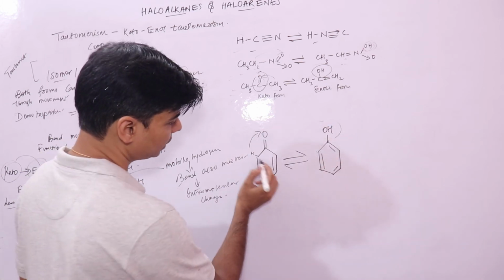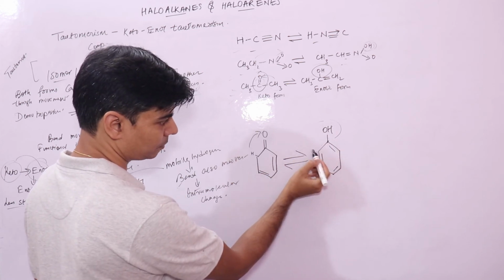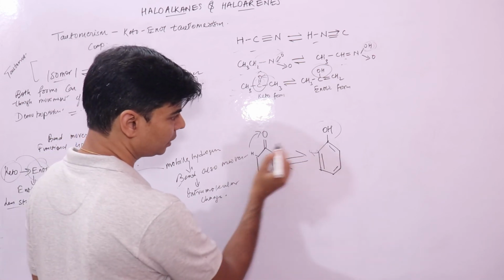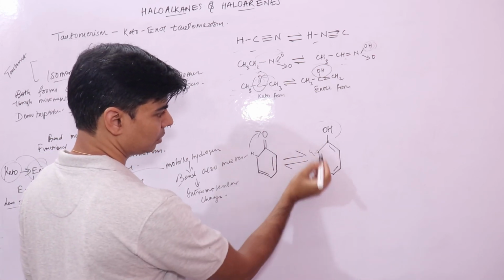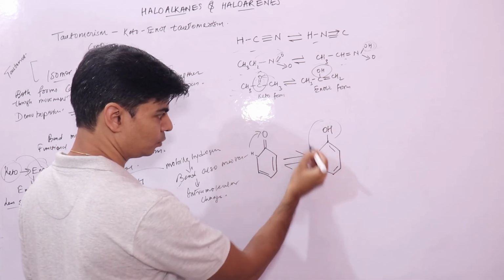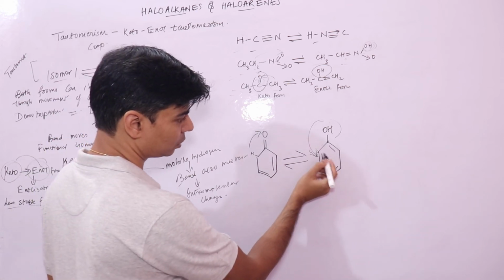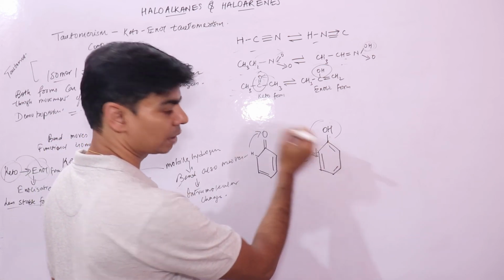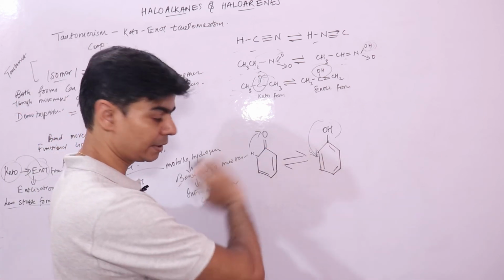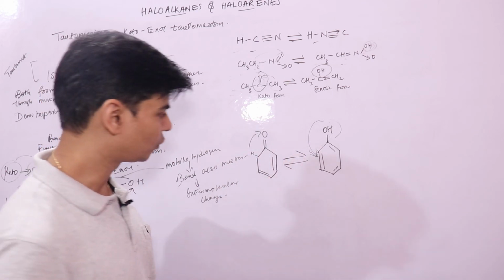The double bond will move, and when the hydrogen moves back to this carbon, the double bond will move between carbon and oxygen. So the hydrogen is moving, and a bond is moving, in the keto and enol forms.